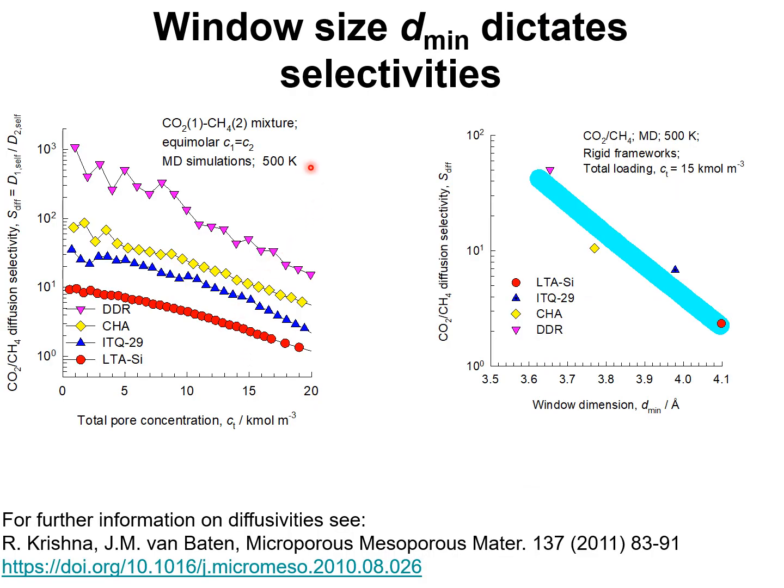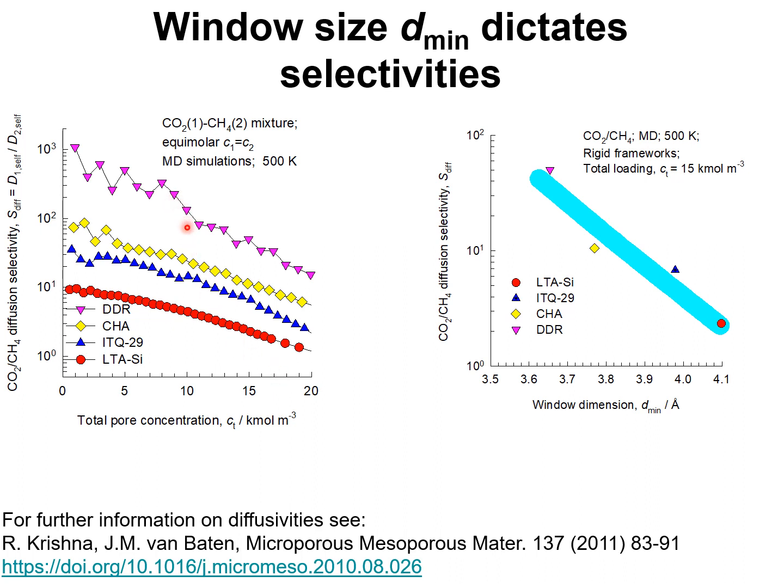Molecular dynamics simulations for the diffusion selectivities for CO2 CH4 mixtures are plotted here as a function of the total pore concentration expressed in kilomoles per cubic meter. The diffusion selectivities for each of these four cage type zeolites decreases with increasing pore concentrations.